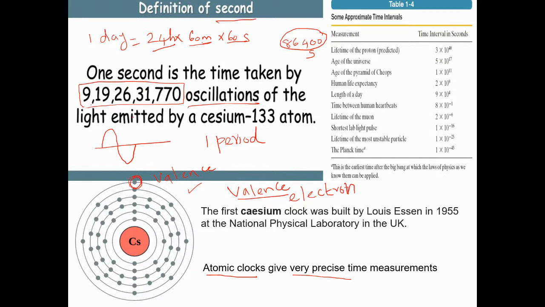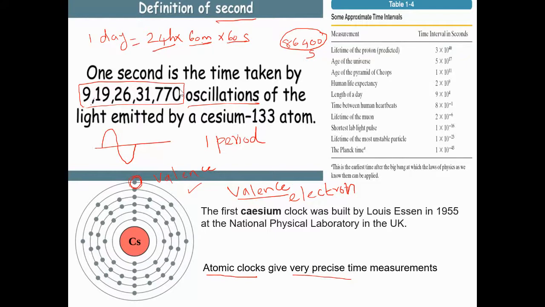Within 1 second, it does 919263177 oscillations. Clear? After science and technology developed, they can predict all this information very precisely.